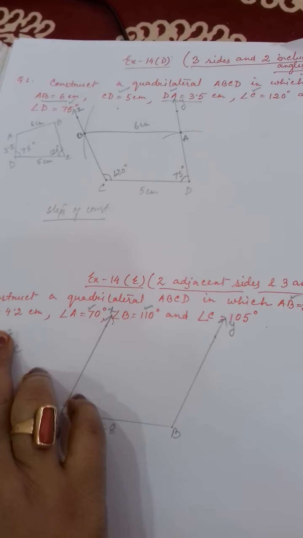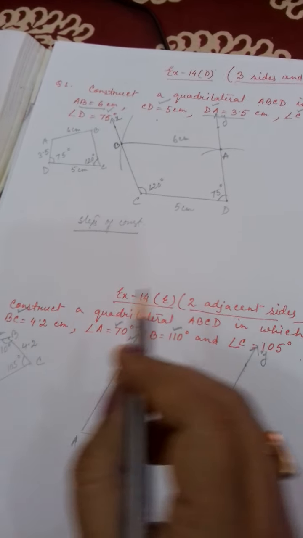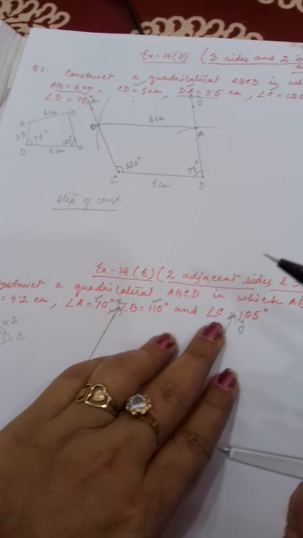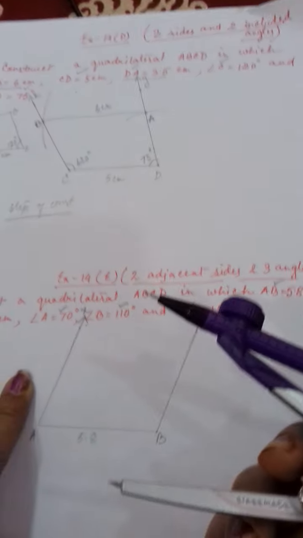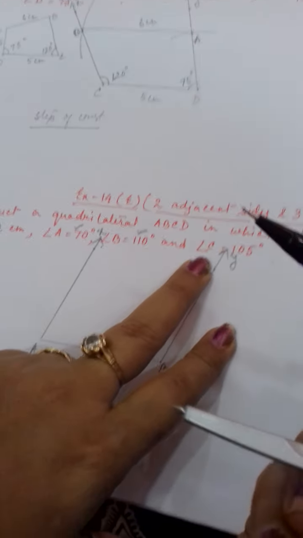Clear? Now you construct another line segment, BC 4.2. One more angle is left, angle C, but you have not got angle C yet. Until you construct this arc on this line segment, you won't be able to construct this angle. So BC is 4.2.